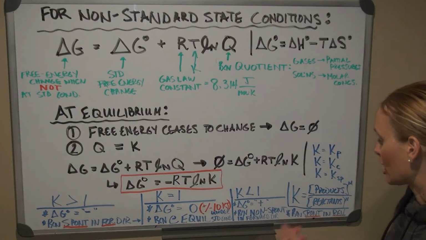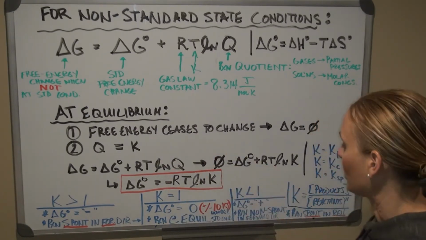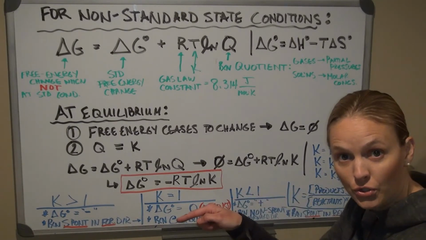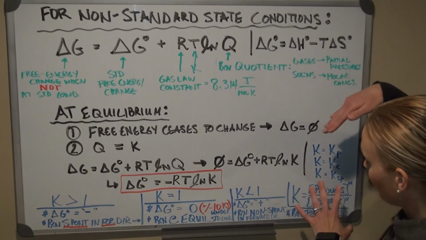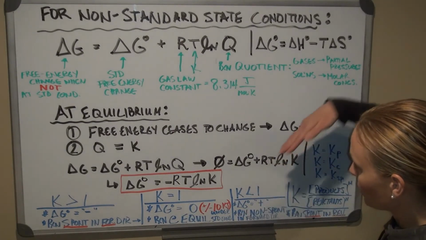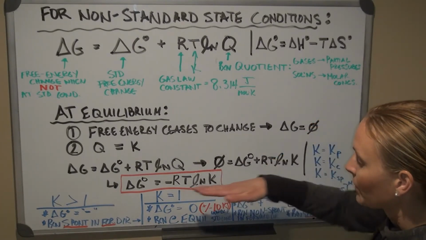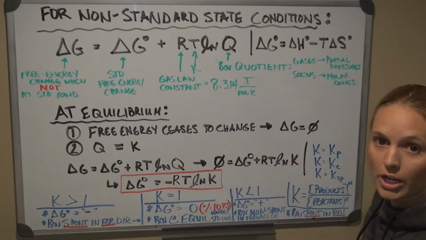Okay, which makes sense because based on the K number, it lies to the reactant side, so it's not going to the product side. However, it is spontaneous in the reverse direction. Okay, and so remember on that pictorial diagram that in this scenario it was going to be spontaneous in the reverse direction, to get to that equilibrium position where it ceases to change anymore.